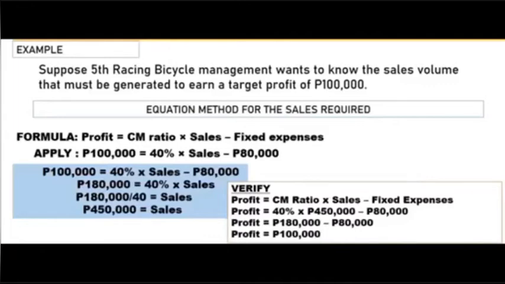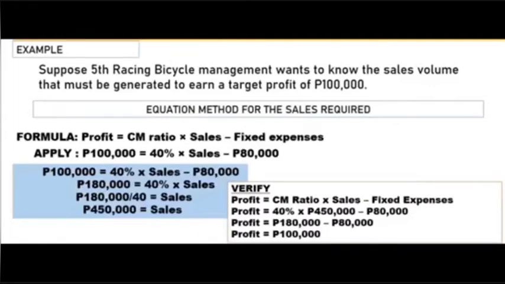For the application, we have 100,000 for the profit, CM ratio 40% given by my teammates in the previous slide, multiplied by sales, which is not given, less 80,000. So we have 100,000 is equal to 40% multiplied by sales less 80,000.